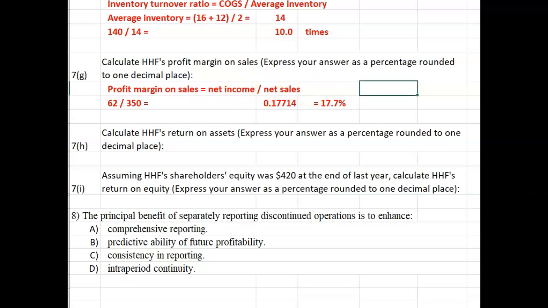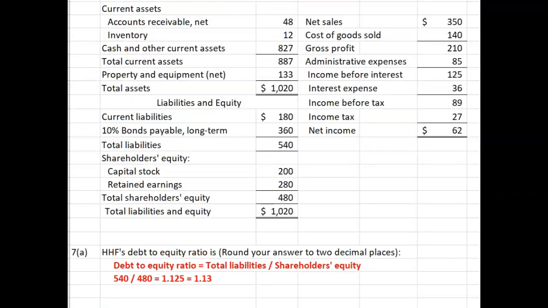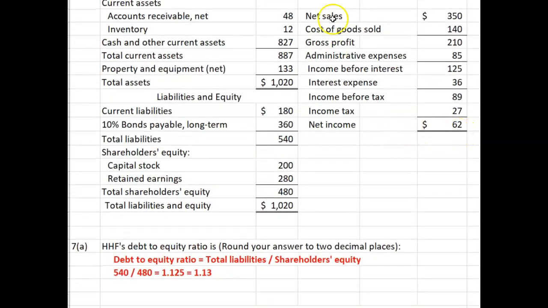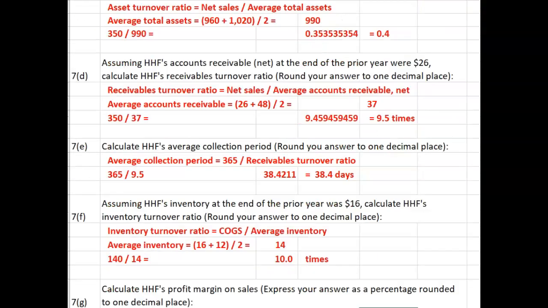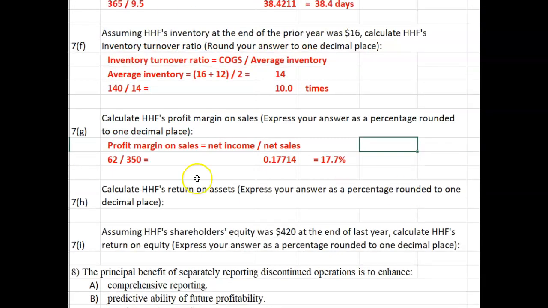Net income is $62,000. Net sales are $350,000. That equals 0.17714. Expressed as a percentage rounded to 1 decimal place would be 17.7%.